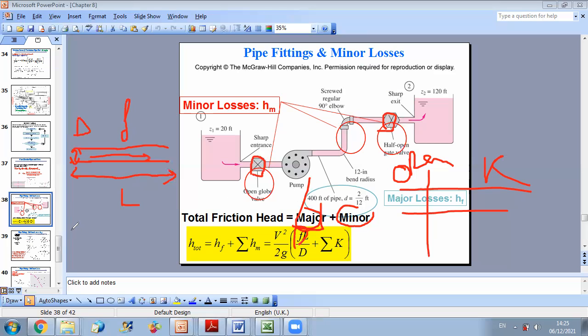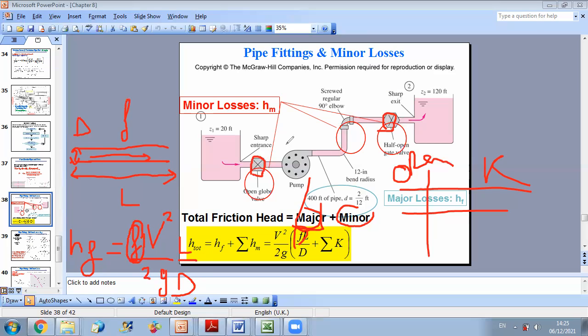So I can say that HF, as we defined before, the friction loss is the friction factor times the average velocity in the duct squared over 2G times L over D. So in order to get major losses, you need to know the length of your pipe, its diameter, and the friction factor, which you can get from the Moody diagram.